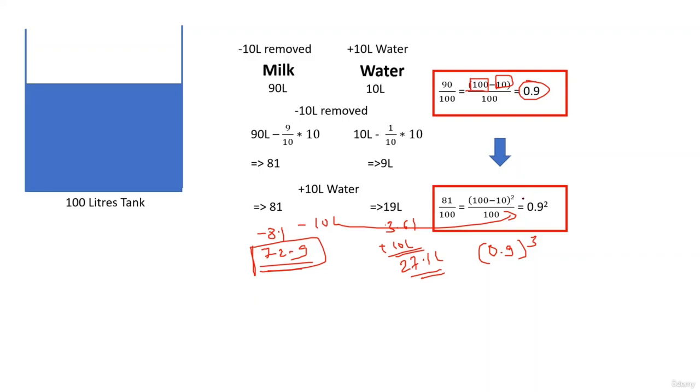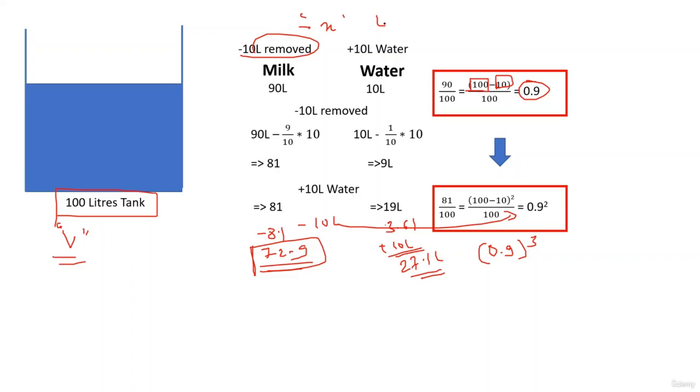So if you keep on doing this for n number of transactions, the final fraction of milk remaining will be 0.9 raised to n, right? So we can generalize this now. Let's say if I take, instead of 100, I take v liters of the initial solution, and उसमें से instead of removing 10 liters, suppose I am removing x liters of solution and adding back x liters of water every time.